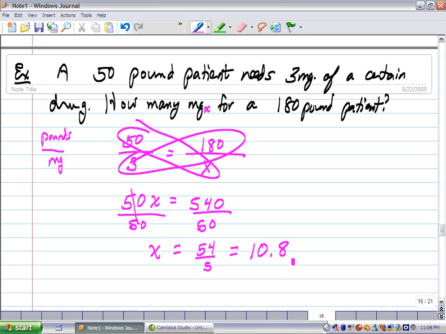So 10.8 what? I asked about milligrams, so 10.8 milligrams. These are proportions, and that's the end of homework 2.